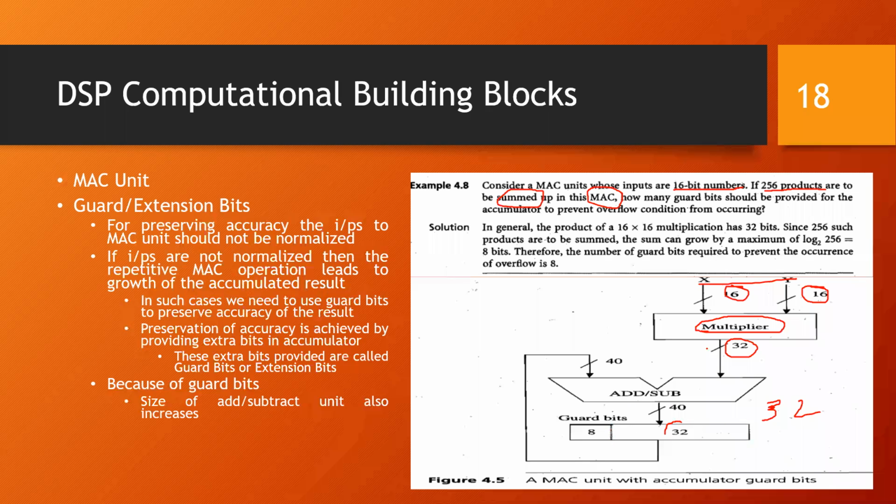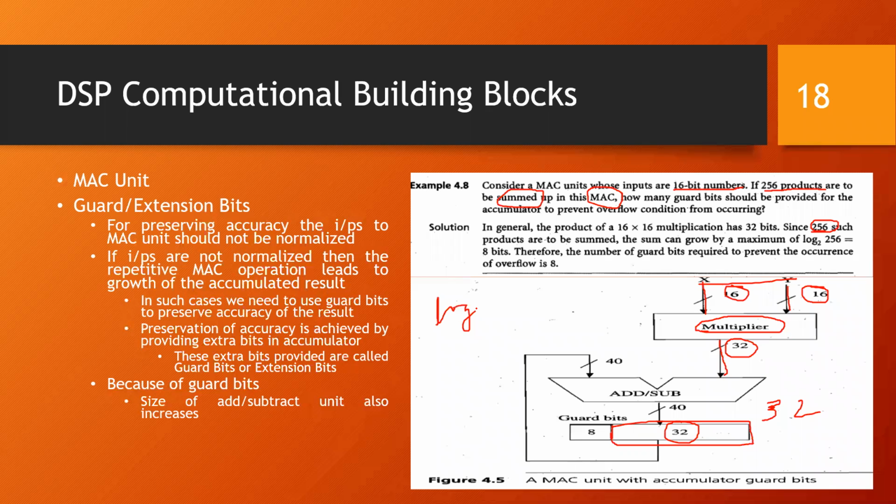Now you want to avoid the overflow condition. So if I have to avoid the overflow condition, I should see how many numbers you are adding. When the first number and second number are added, I get a 2-number result. Then the third number will come, and it continues for 256 times.